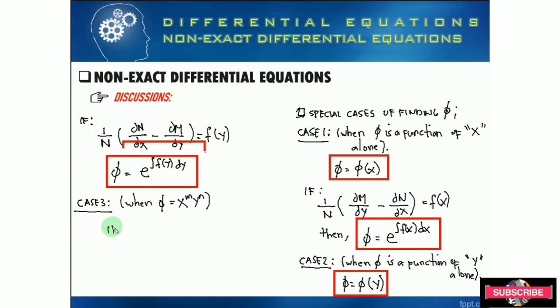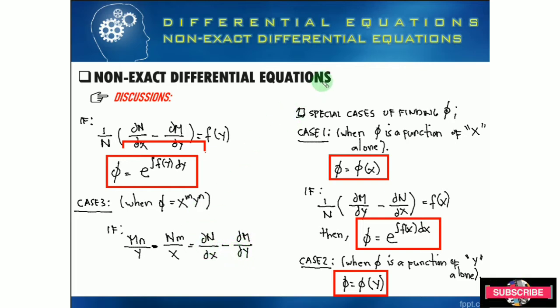And if your m n over y minus n m over x is equal to the partial derivative of n with respect to x minus the partial derivative of m with respect to y.